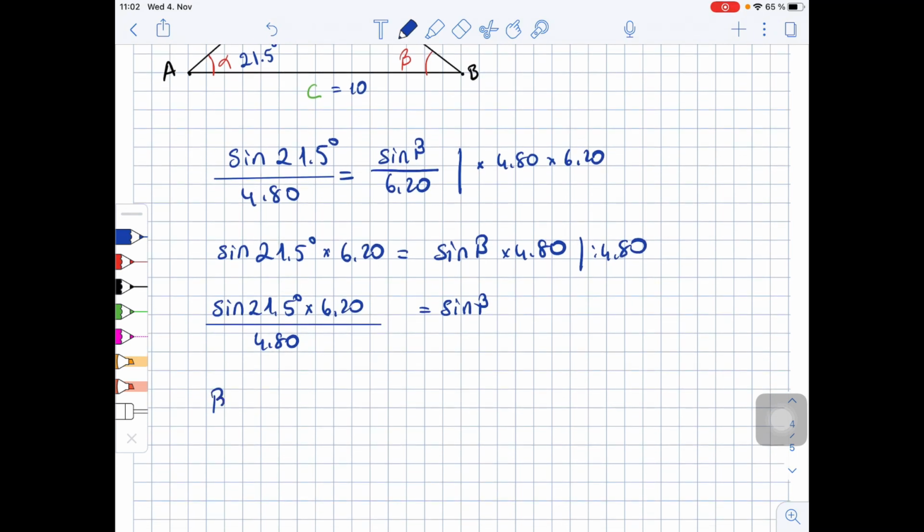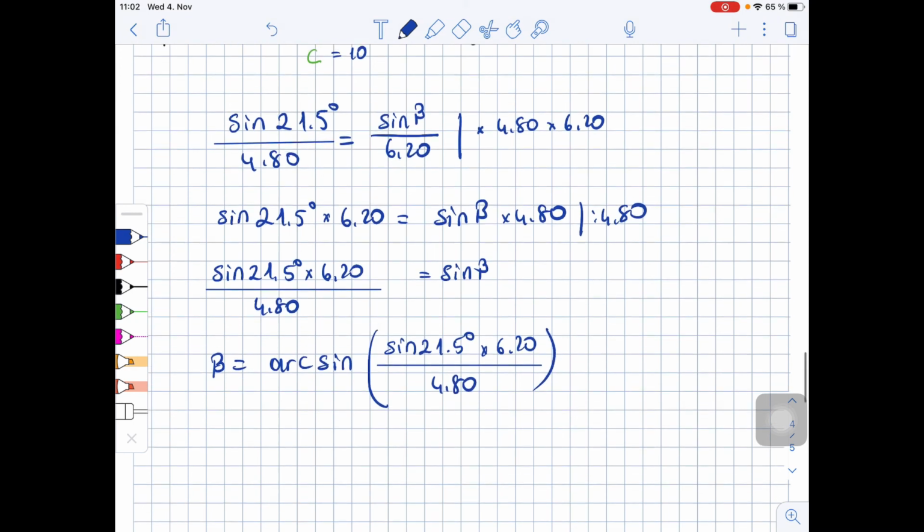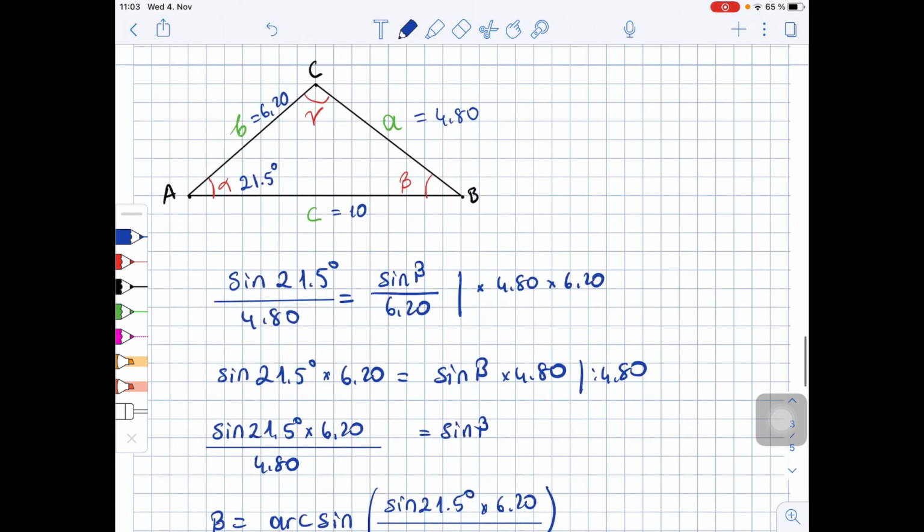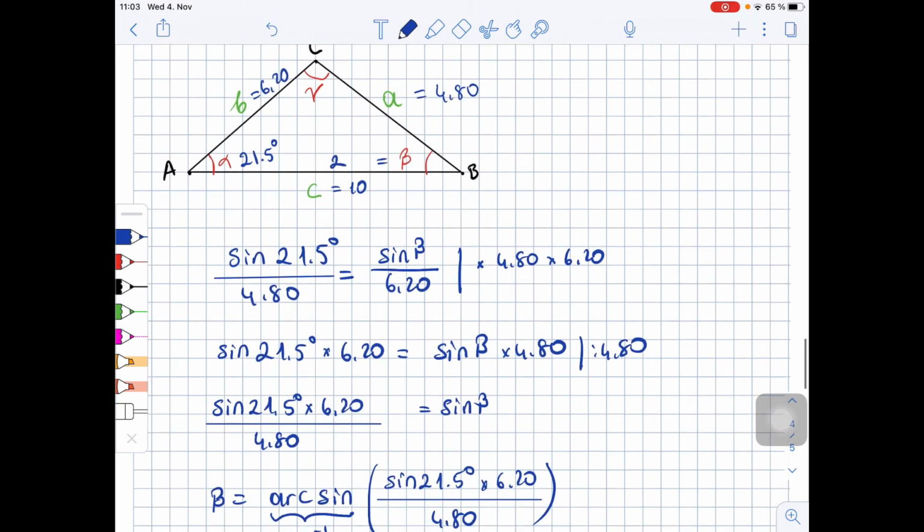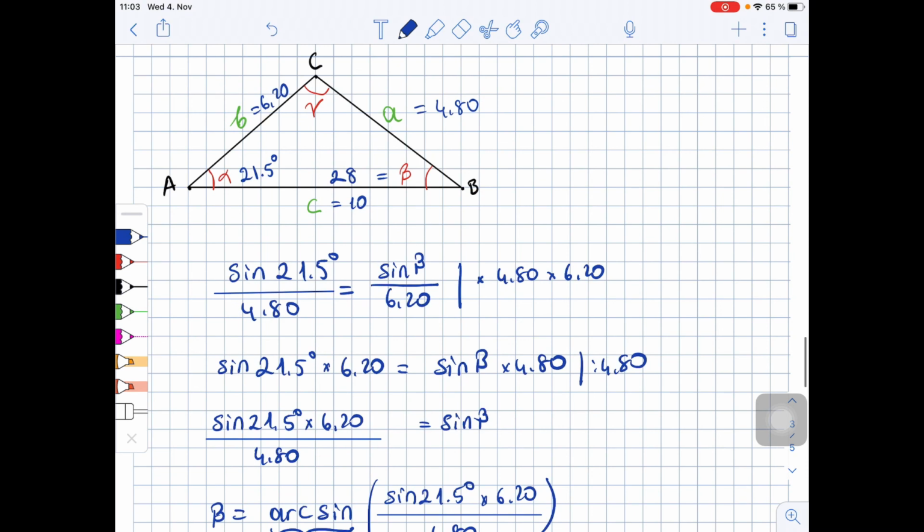So beta is equal to arcsine of sine 21.5 degrees times 6.20 divided by 4.8. So when you type in your calculator, let's see what beta is now. Beta is equal to 28.3 degrees. Okay, let's write it down. The beta is 28.3 degrees. Then the gamma is left.